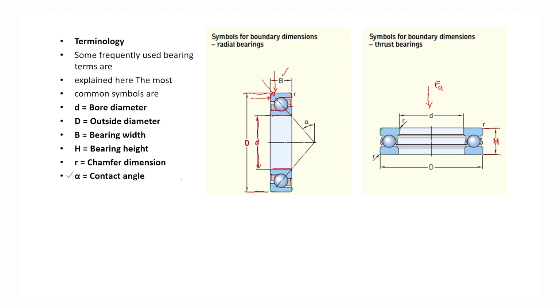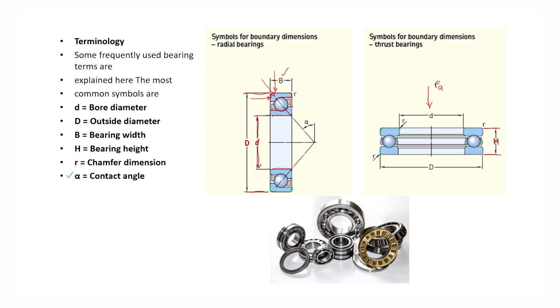And alpha is the contact angle. This is for a particular case. If a pure radial bearing is there, in that case this alpha will be 0.